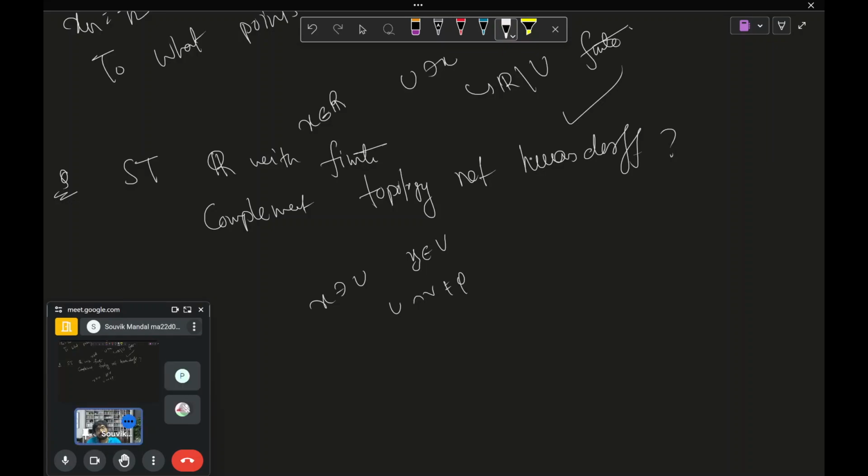You are almost there. So the intersection must be an infinite set actually, sir. It omits only finitely many points.